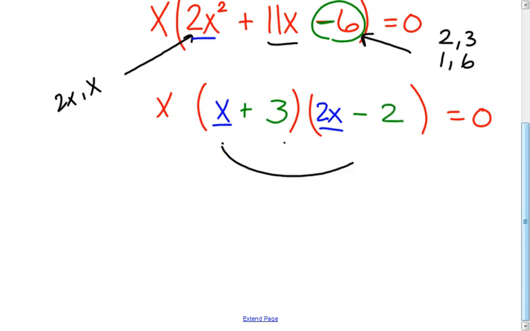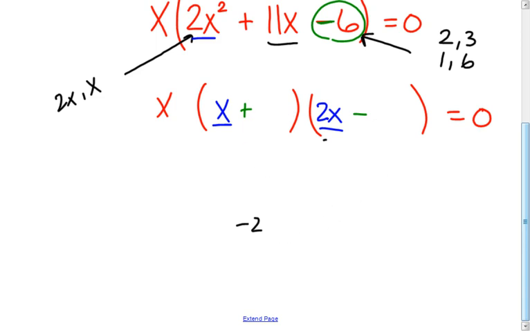Now when I check my outsides, I have negative 2x, and when I check my insides, I have positive 6x. That gives me positive 4x. I could switch the positives and the negatives around and get negative 4x. That's not going to do me any good because I need 11x in the middle. Okay? So it doesn't look like 3 and 2 is the option.